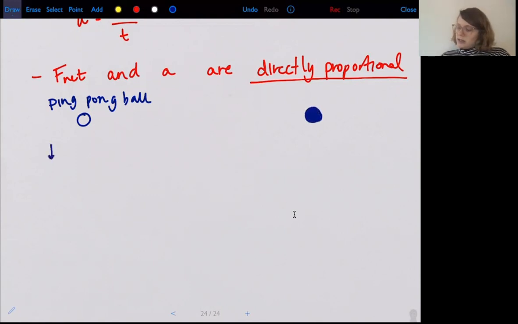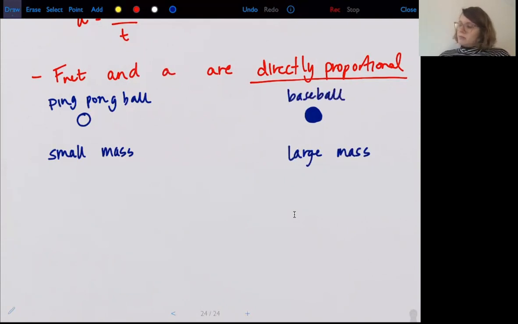We're going to say this has a small mass, and the baseball has a large mass. And we're throwing them with the same amount of force. Large mass, this is my baseball. Okay, so what happens to the acceleration here?